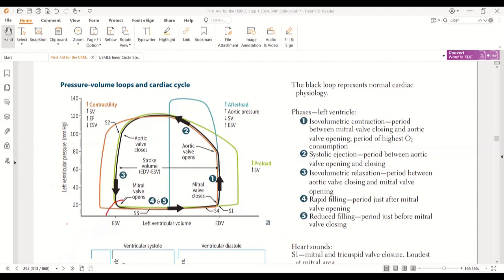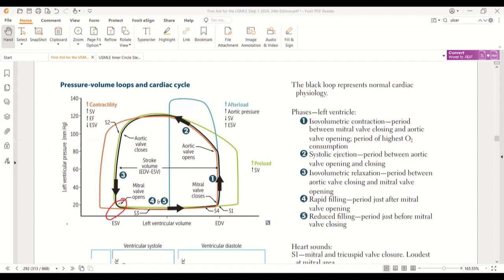the mitral valve opens. Normally, valve opening does not produce any significant sound, right? Yes. When the mitral valve is open, the filling of the ventricle takes place, right?